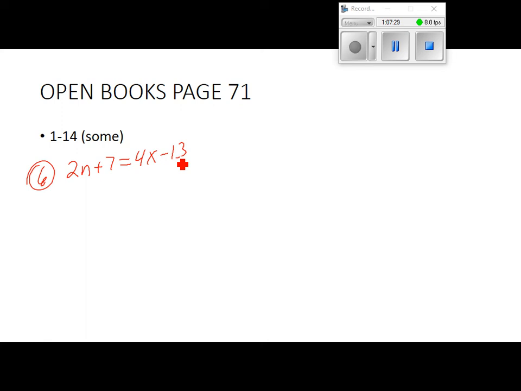How are we gonna solve that? Subtract 2n. So you're left with 7 equals 4n minus 13. And you plus 13. What's 4n minus 2n? 2n. Now what?